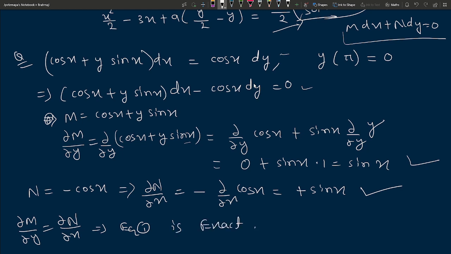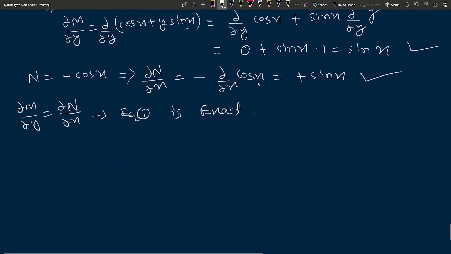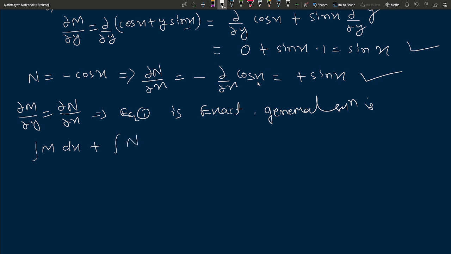and its general solution is given by integration of M dx plus integration of N dy equal to c, integration of M treating y as a constant, and integration of those terms of N without x.